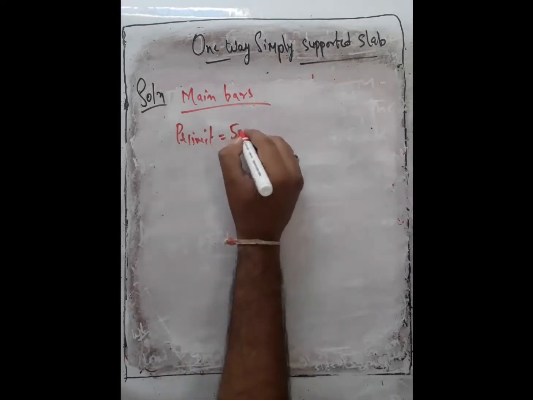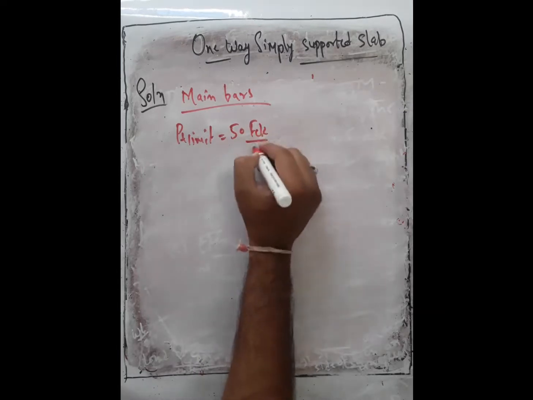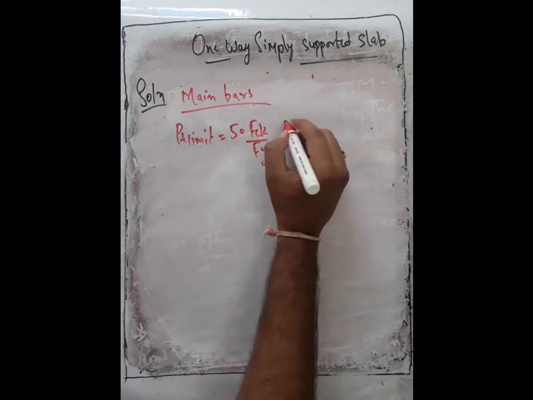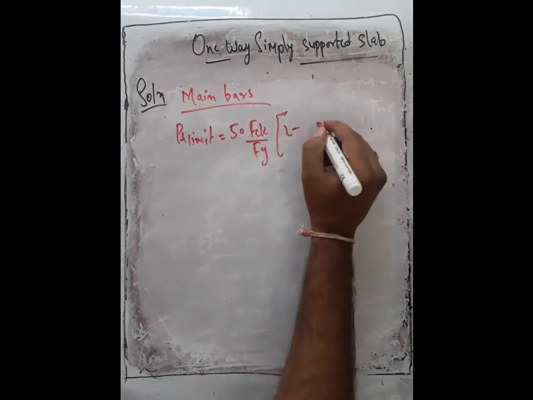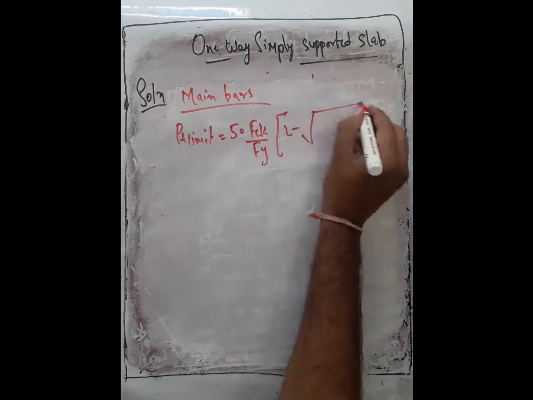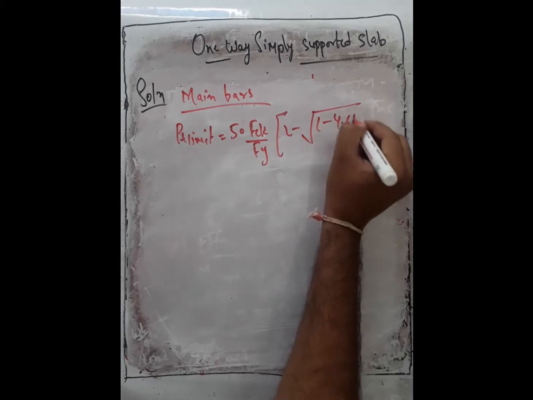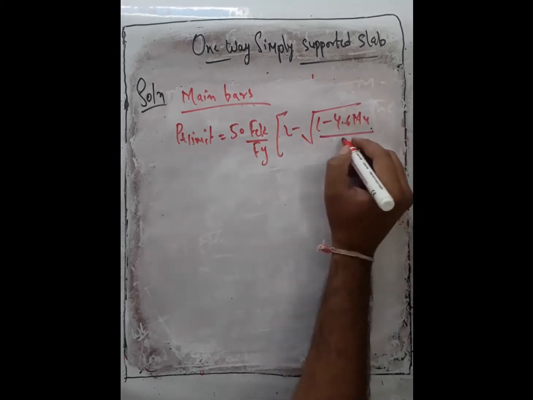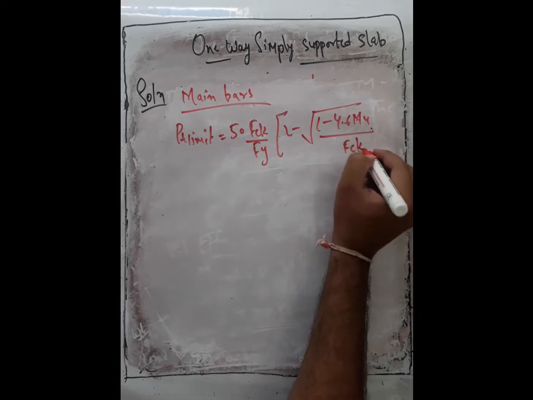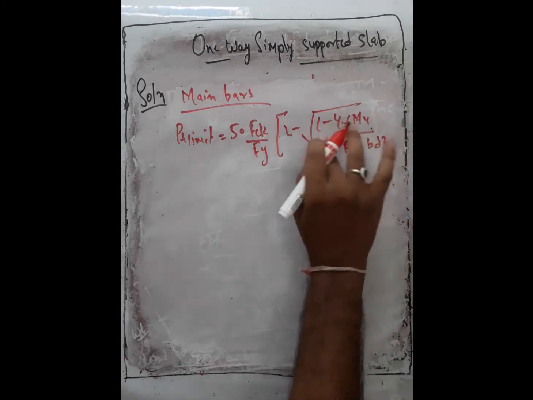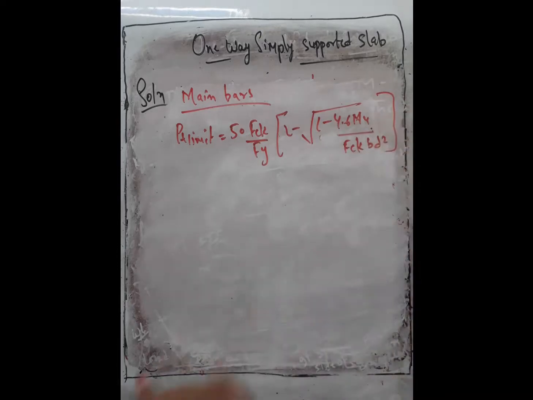So the formula is 50 fck upon fy, big bracket, 1 minus root of 1 minus 4.6 Mu upon fck bd square.